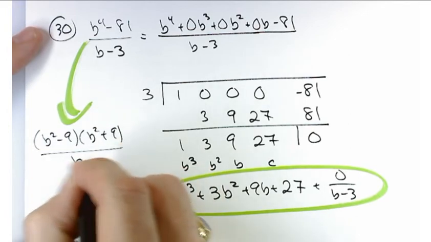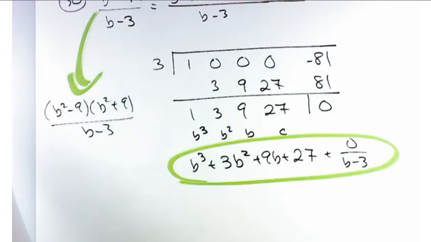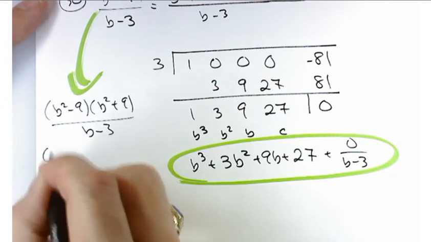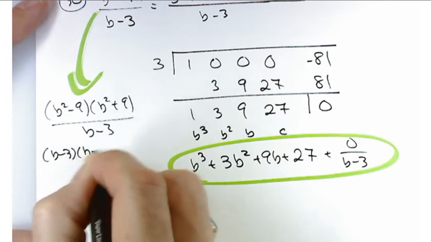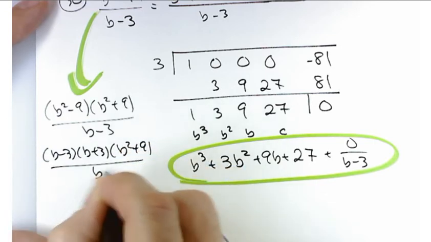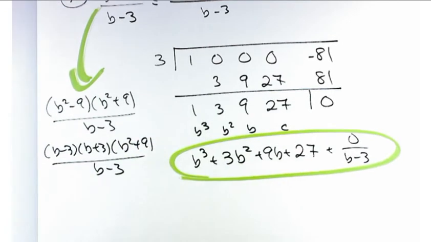Good. Now I can't cancel that yet, can I? What else can factor? B squared minus 9 can factor into b minus 3 times b plus 3, times b squared plus 9 over b minus 3. And now I can do some cancellation.